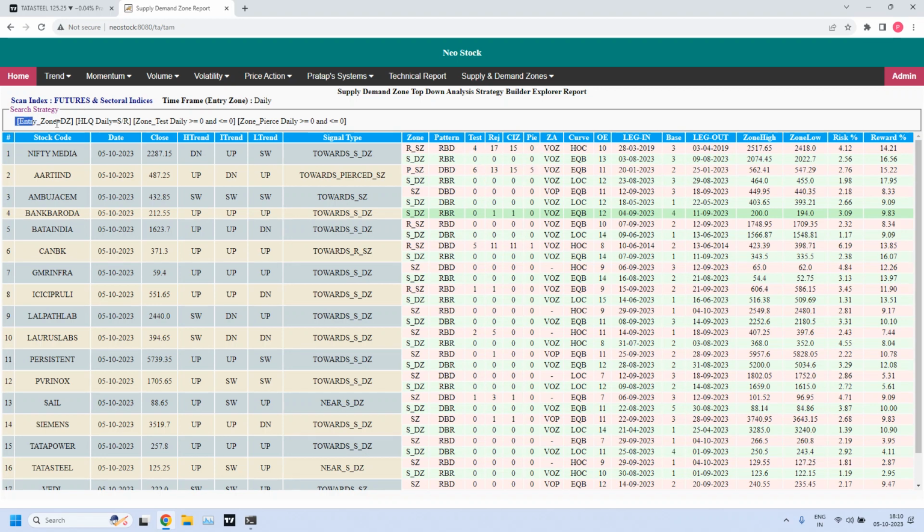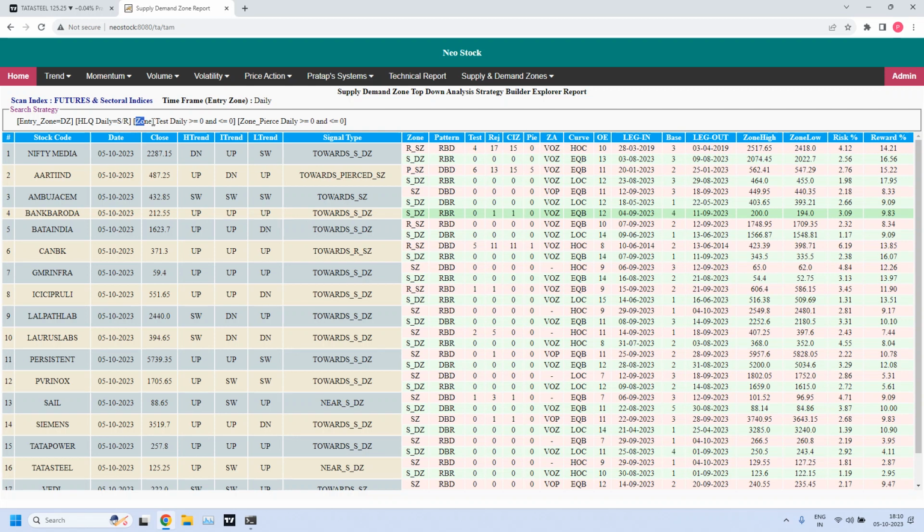So look into the strategy, search strategy. Your entry zone is demand zone. Your HLQ means high liquidity. Your high liquidity in daily time frame should be support resistance, because you are identifying it is a demand zone, so it is a support zone.